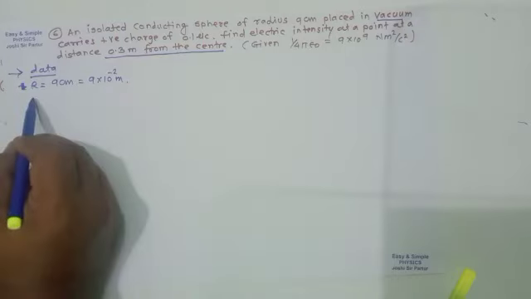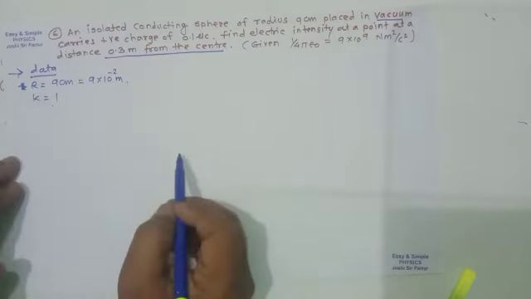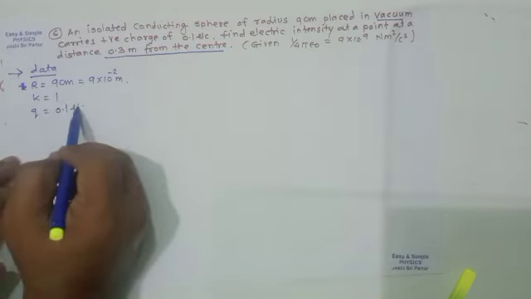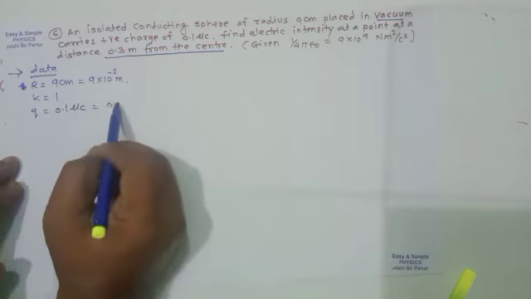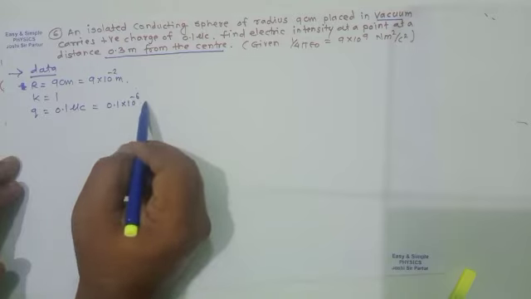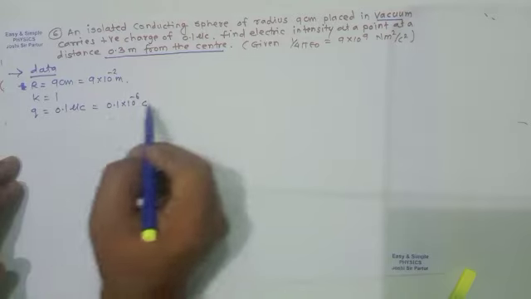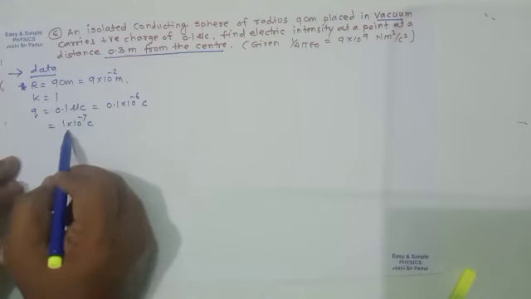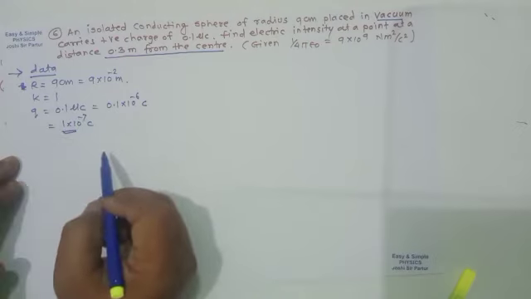Here for vacuum, K equal to 1, charge Q equal to 0.1 microcoulomb, which means 0.1 into 10 raised to minus 6 coulomb, or 1 into 10 raised to minus 7 coulomb. That is the charge.